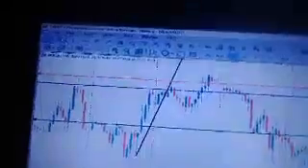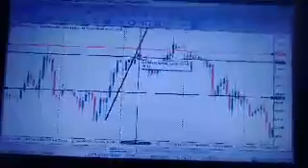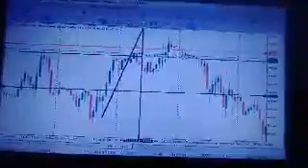You come to this tool here, you click on it. This tool is what we use to count pips. Just put it there, right click and drag it, and it will show you the amount of pips according to the distance you have dragged.